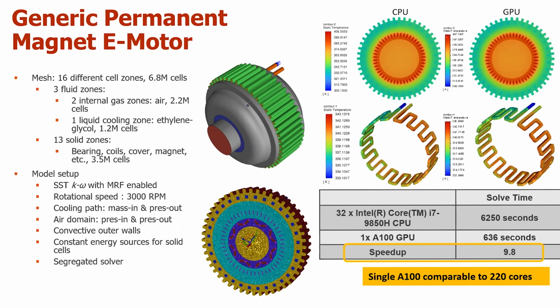So if you look at the equivalent solver rating, a single A100 GPU card ends up being comparable to 220 CPU cores. So imagine investing in 220 CPU cores, and then imagine investing in just an A100 GPU card. So definitely there's a lot of advantage in using the native GPU solver instead of going the traditional route.